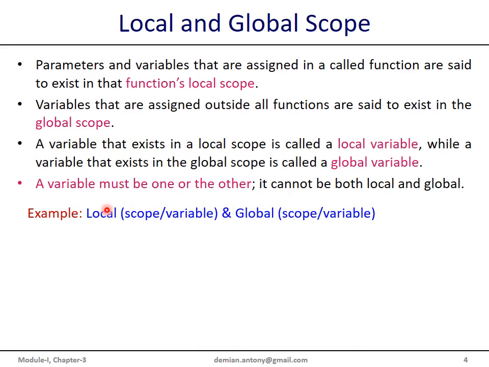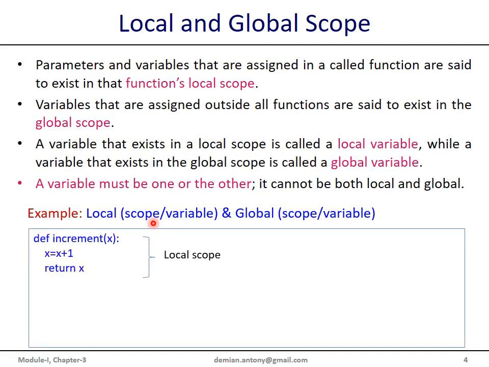Let us take an example to demonstrate the global and local scope as well as global and local variables. We have a function that is defined, increment, which takes the parameter x. This function has two statements.